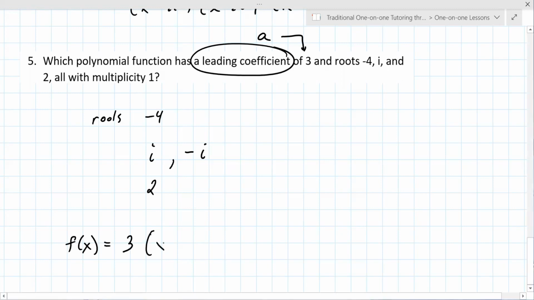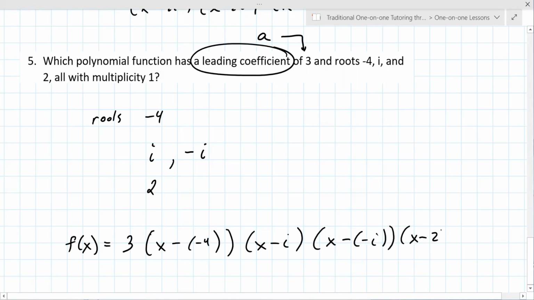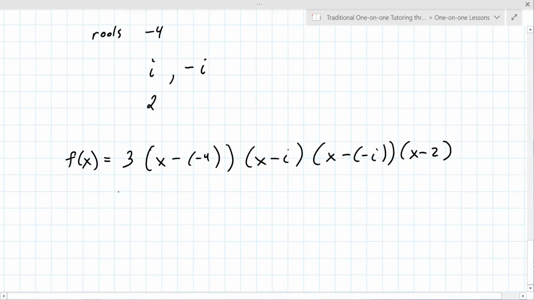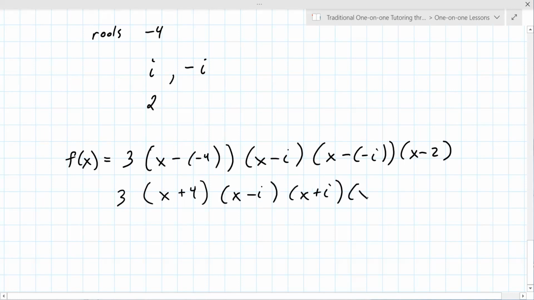Okay, so then it's x minus minus 4, x minus I, x minus minus I, x minus 2. And you don't have to write it out like this. You can easily combine the negatives if you want. Just whatever you're comfortable with, if your exam is matching.